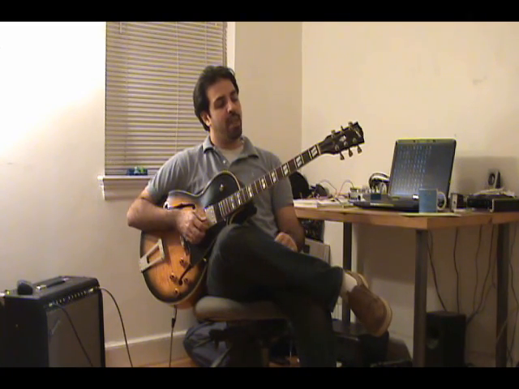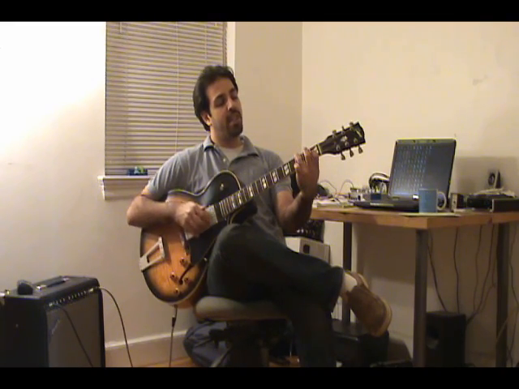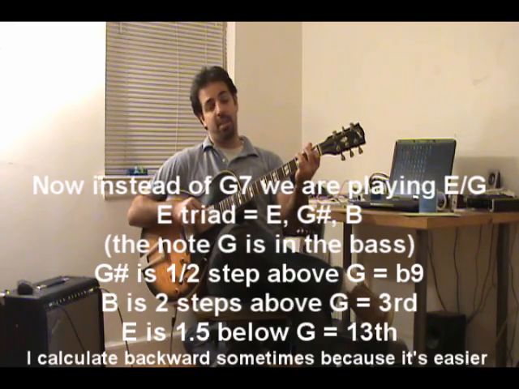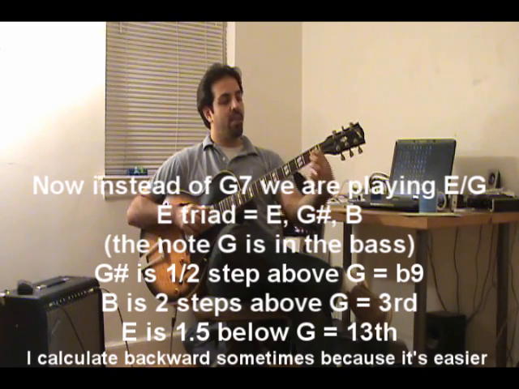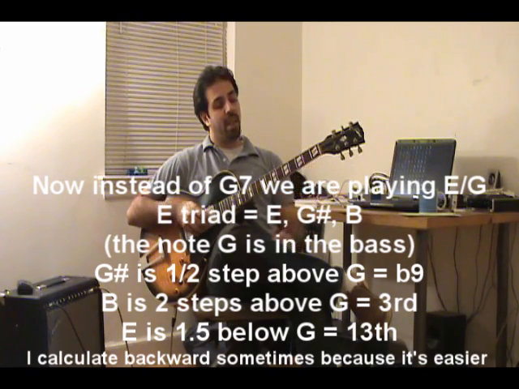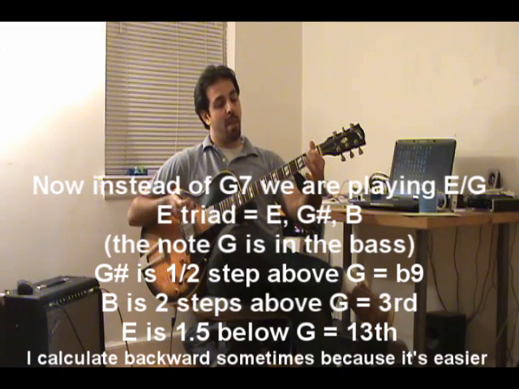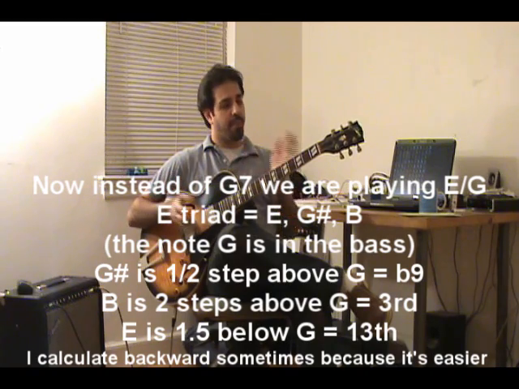Another cool option would be to play the chord E with G in the bass. That gives you a totally different sound from the nice sus. If we're playing E with G on the bass, G sharp, the first note in the E shape, is the flat 9, then B is the third in G, and I'm comparing everything to the bass.